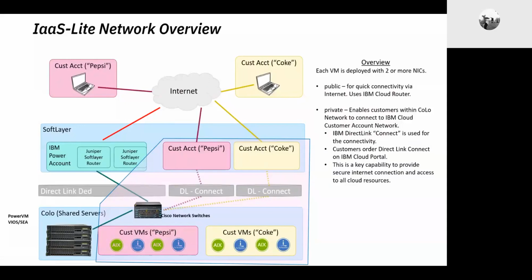There's a virtual cross circuit called Direct Link Connect. And all these direct links you can find in that same cloud catalog that I showed you, the Power Virtual Server, where I showed you Cloud Object Storage. Just search for Direct Link and you're going to see all these things that I'm talking about. But what you, a customer, would do is you would order a Direct Link Connect, and you can order it in bandwidths from 100 Mbps to 5 Gbps. It would go through a service provider called Megaport.